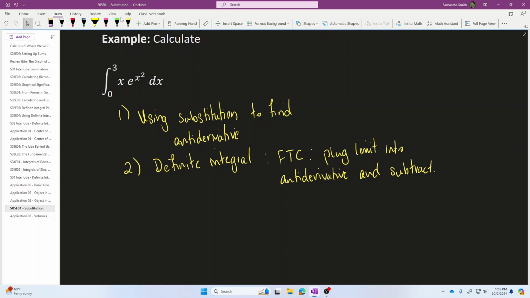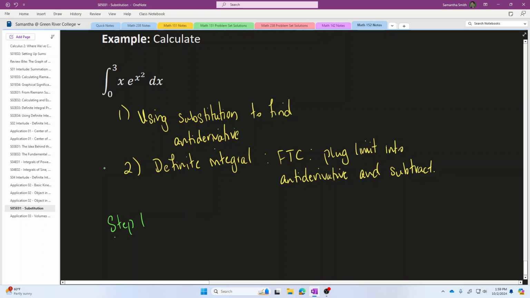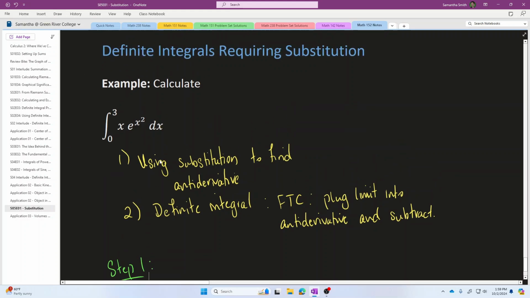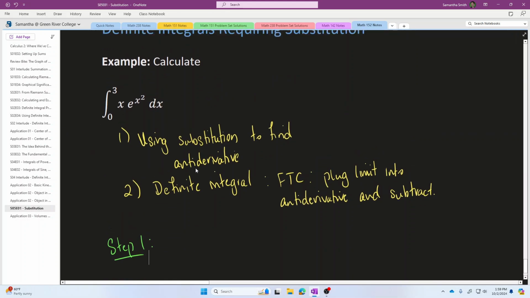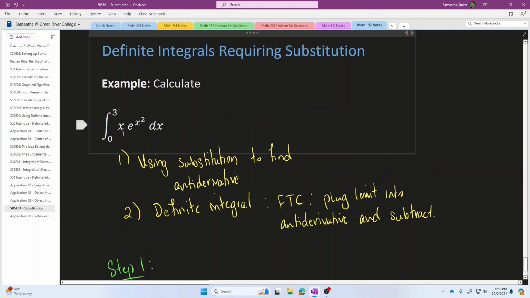So working on step number 1, I recognize this as a substitution problem because I see two features of this integrand that are pointing me toward substitution. Feature number 1 is I'm seeing a product, x times e to the x squared.